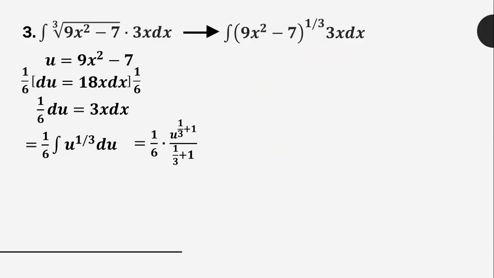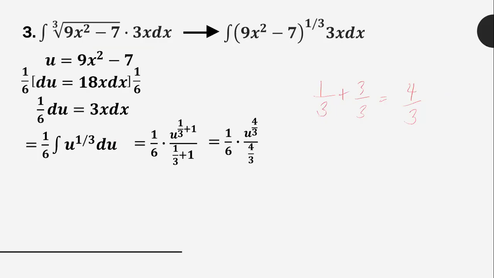So that's a 1 over 1/3 plus 1. And then what is 1/3 plus 3 over 3? 1/3 plus 3 over 3 is 4 over 3. So you will have an answer which is 1 over 6 times u raised to 4/3 over 4/3.